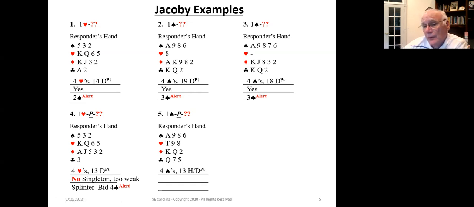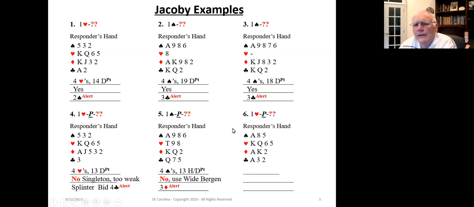Now, 13 is not greater than or equal to 14, which is what we're now requiring for the Jacoby bid. So we're going to use Wide Bergen. We're going to tell our partner we've got 4-card support and 10 to 13 points. You can start to see how these pieces fit together. They're very exact and finely crafted.